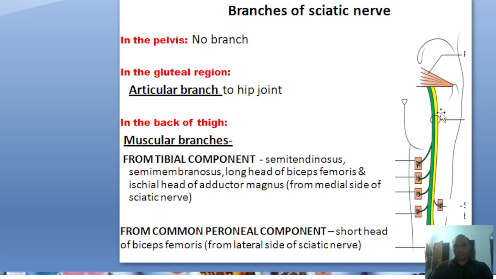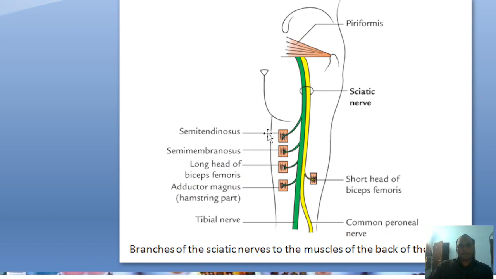This is the piriformis muscle. The sciatic nerve emerges from the lower border of the piriformis muscle. The green color is the tibial part and the yellow is the common peroneal. The green tibial part supplies the semitendinosus, semimembranosus, long head of biceps femoris, and adductor magnus.